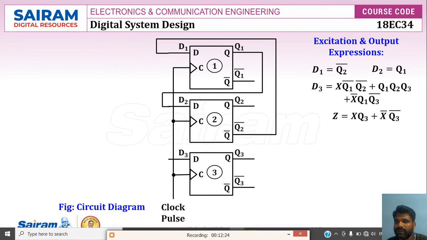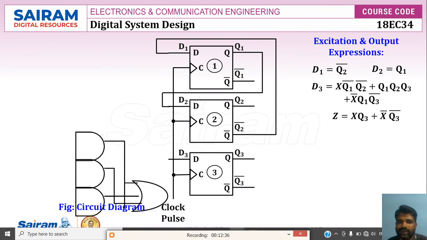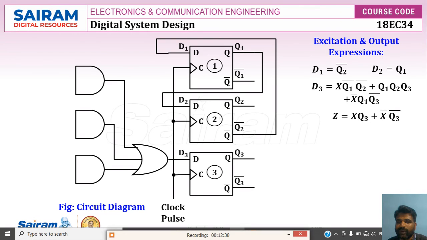But the D3 expression is a little bit complex. Here we require one three-input OR gate, and the output of the OR gate is D3. The inputs to the OR gate come from 3 AND gates. For the first AND gate, the inputs are X, Q1 bar, Q2 bar.